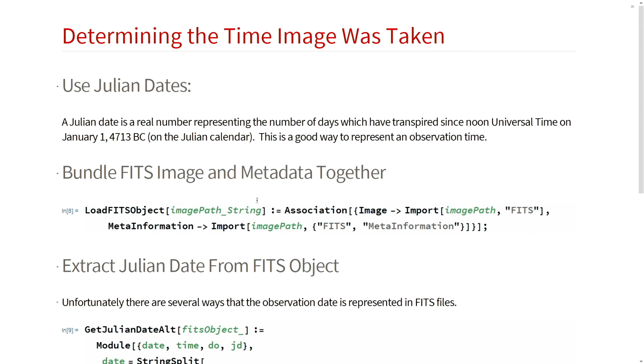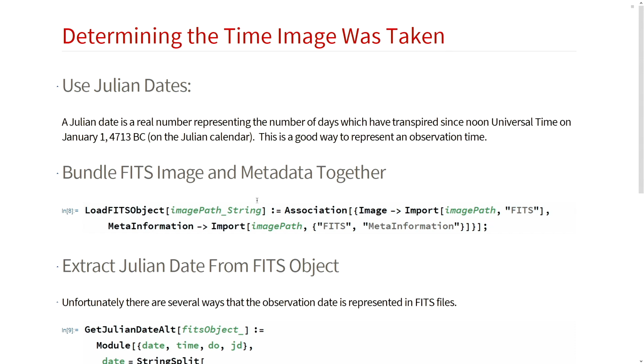Julian Date is a very useful piece of information for astronomical observations, because it's a real number corresponding to the number of days which have transpired since a certain time in the past. And the time we take is January 1st, 4713 BC on the Julian calendar. So this is a large number of days. And it's a fractional number of days. So if you're halfway through a day, it's something point 5.